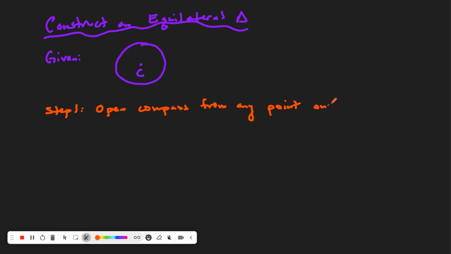I'm actually going to put the picture to the side. On the circle, again, you can leave it where it was. Any point on the circle to the center.